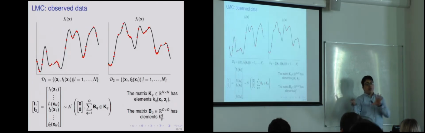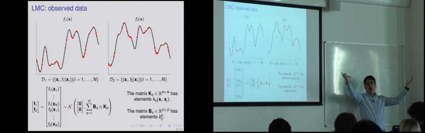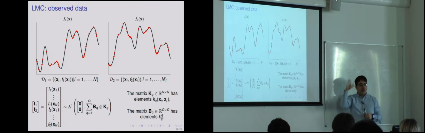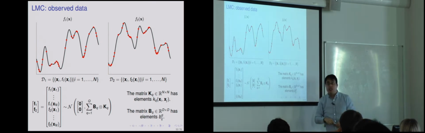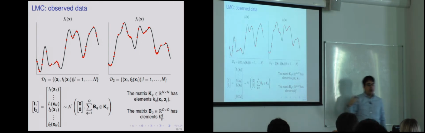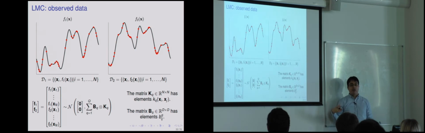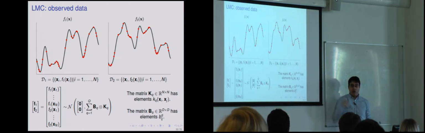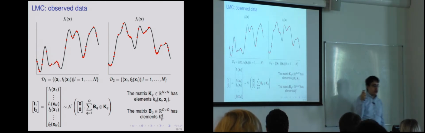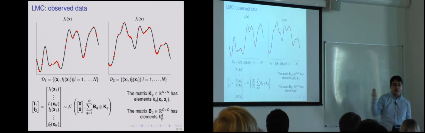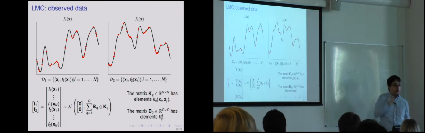So the linear model of coregionalization, which is the most general one, has been known in geostatistics since the 70s. The ICM model was introduced in machine learning in a NIPS paper in 2008, but it was, as you saw, a particular case of the linear model of coregionalization. The semi-parametric latent factor model was introduced also in machine learning in 2005, but yet again is a particular case of the linear model of coregionalization.